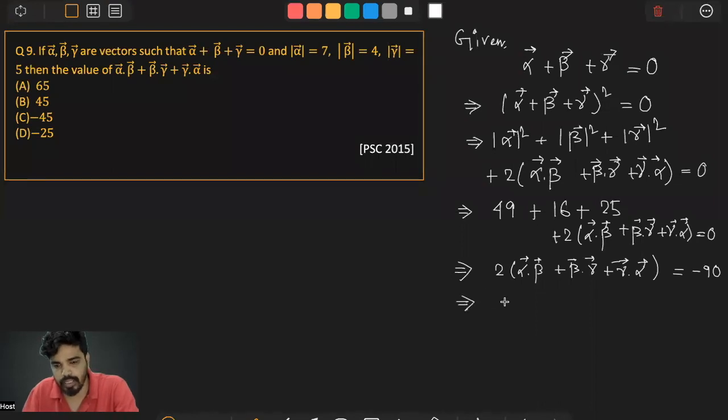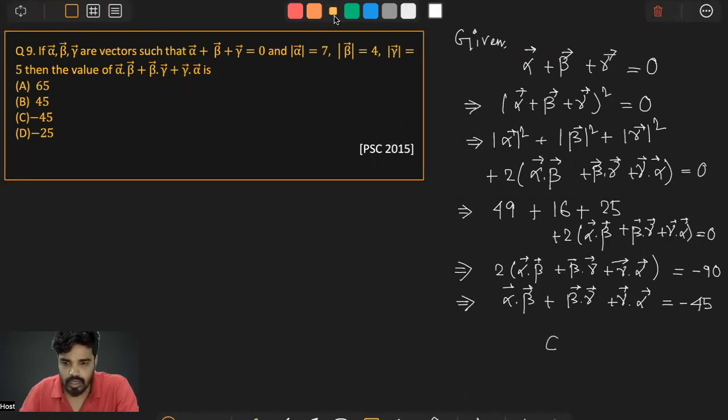So this implies alpha dot beta plus beta dot gamma plus gamma dot alpha will be minus 45. So option C is the correct answer. So it is a very, very important problem. This question was asked in the PSC exam 2015. Okay, so next example.